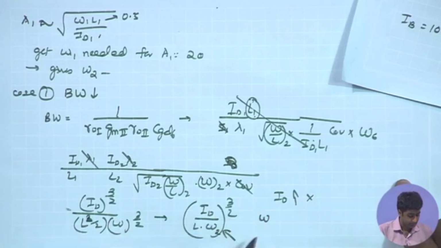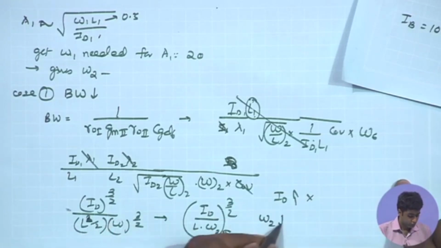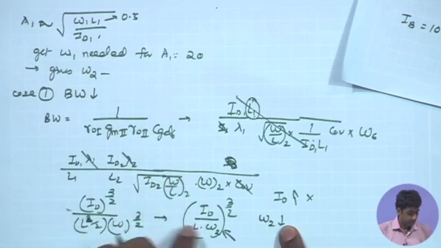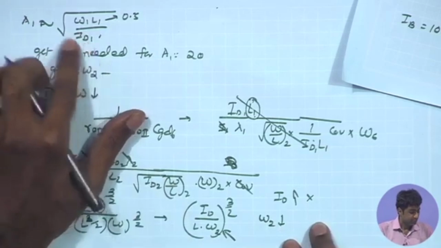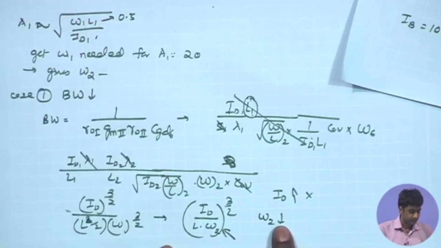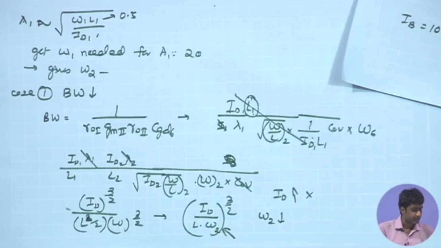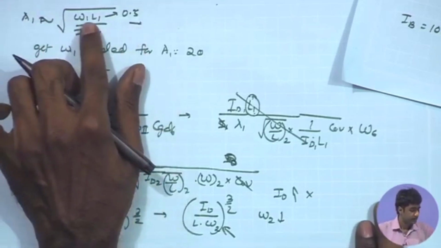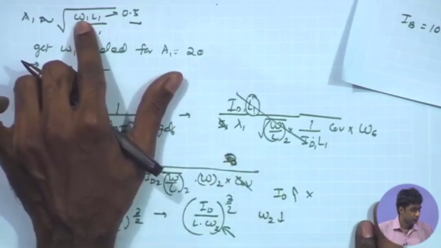So I can reduce the W2 so that the bandwidth goes up, and now in the first stage, of course, the gain will remain almost similar if I am not tweaking these parameters, but if I am reducing the W2, I will end up reducing the gain of the second stage, which is the GM2 of the second stage, and that can be compensated, for example, by increasing the W1 of the first stage.